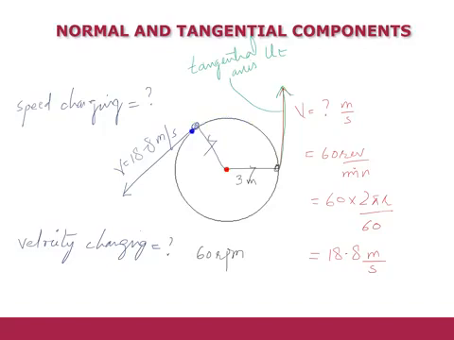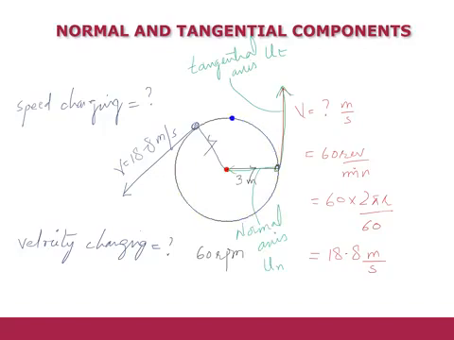The axis perpendicular to that is called the normal axis, which is always directed towards the center, and it is represented by unit vector un, right?